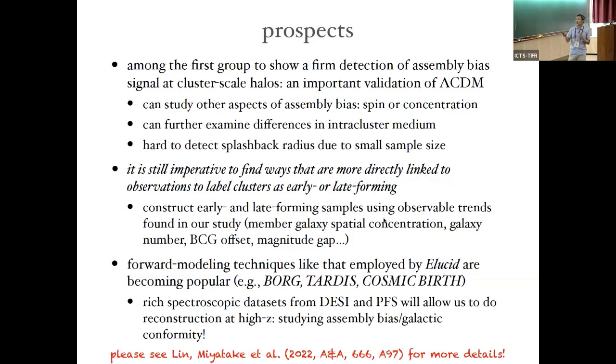So we hope to construct such cluster samples using the observable trends we found here, like member galaxy concentration, galaxy number, etc. And rich data sets from DESI and in the future PFS will allow such a reconstruction to be done at higher redshift and enable studies of assembly bias or galactic conformity at earlier cosmic times.